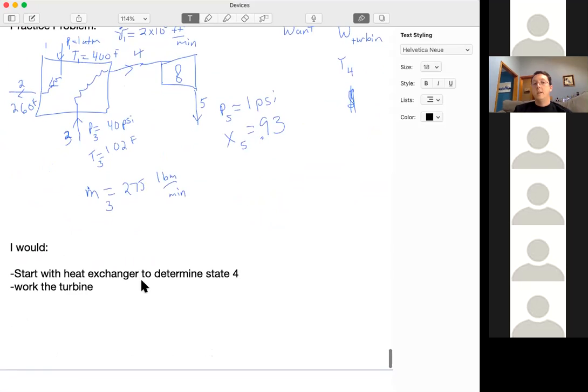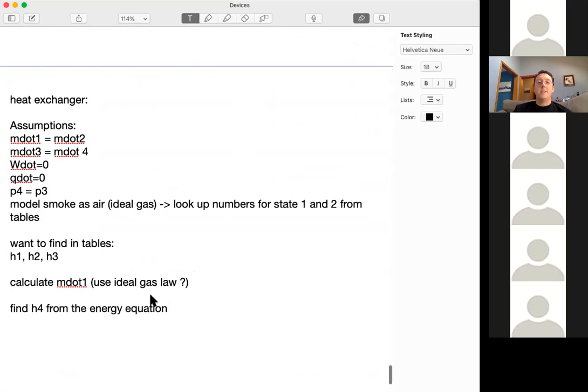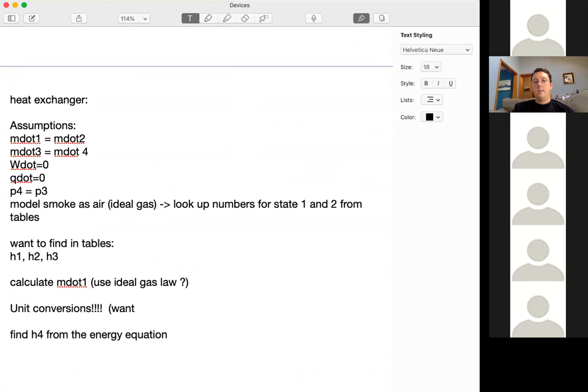Oh, and on top of all this, actually before you get H3, unit conversions. There's going to be a bunch of unit conversions you'll need to do to get that. You want it in BTUs per lbm, so you just got to get the units right.